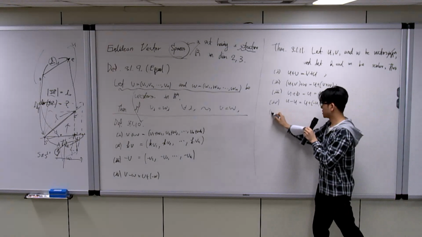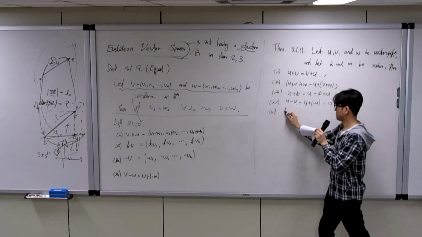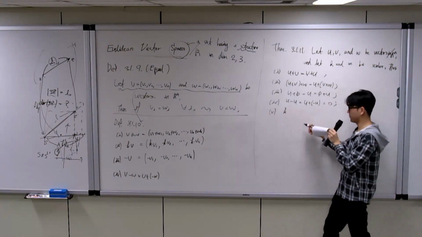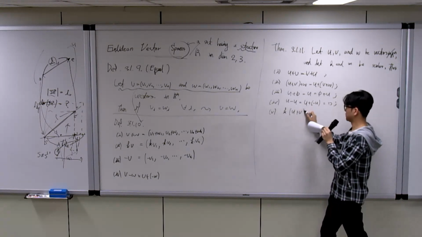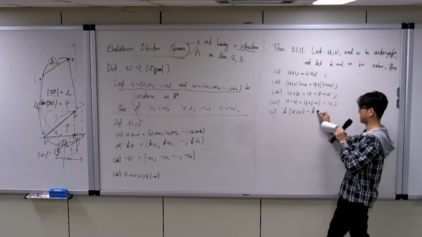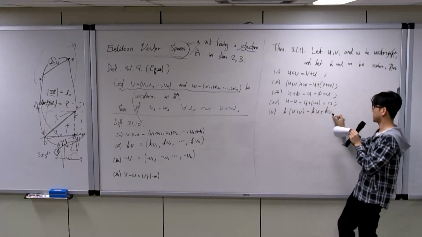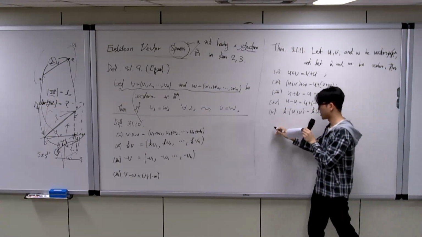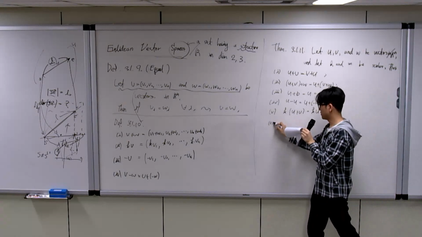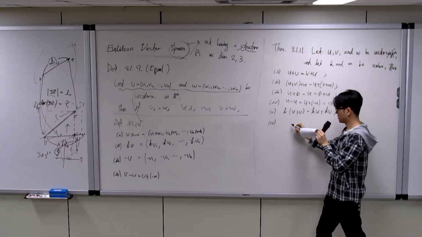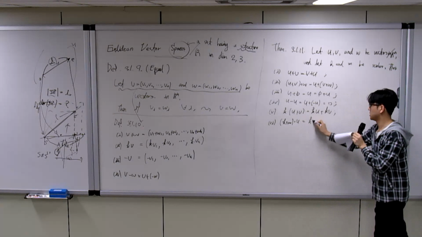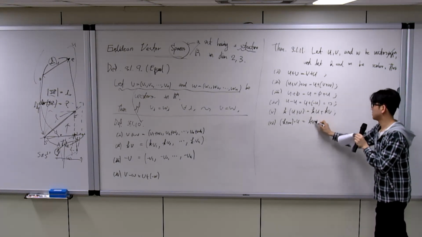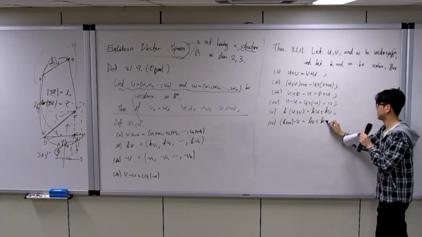Scalar multiplication also has distributivity. So we have seen these properties, and it makes sense in R to the n. k plus m, scalar multiplication to u, and u.